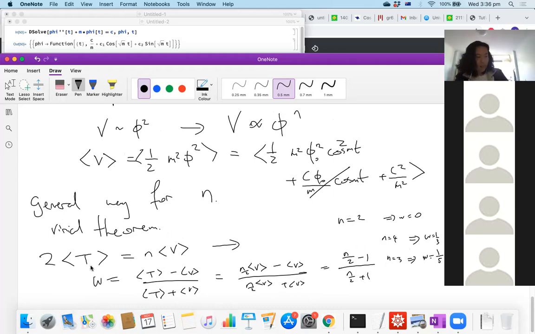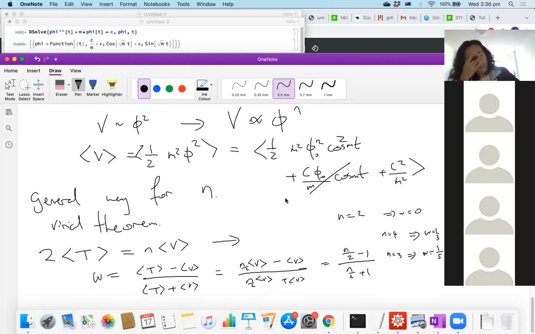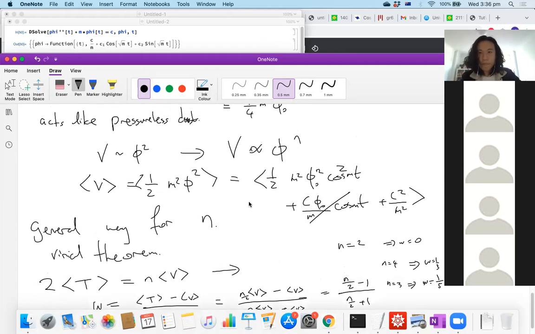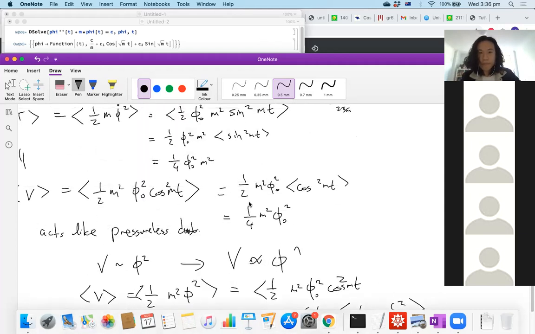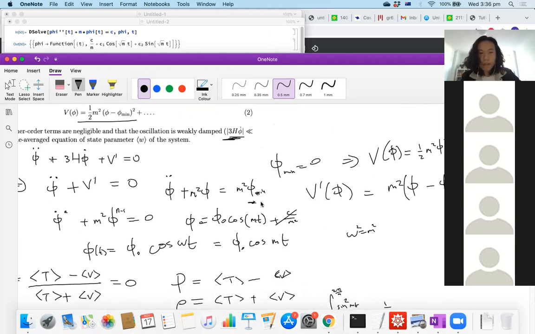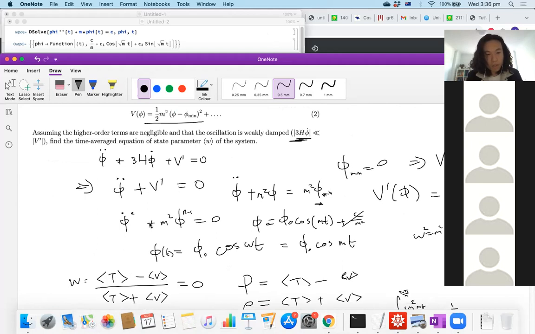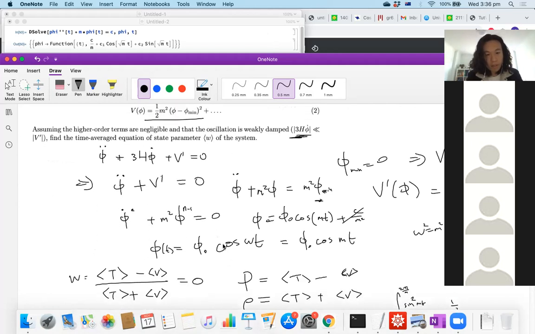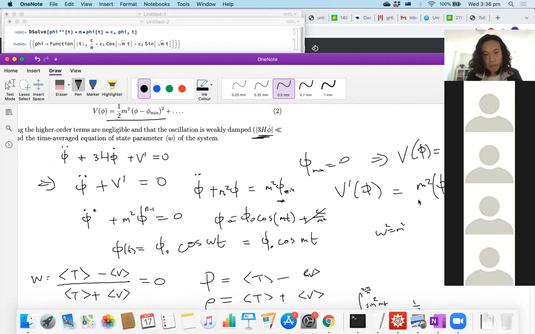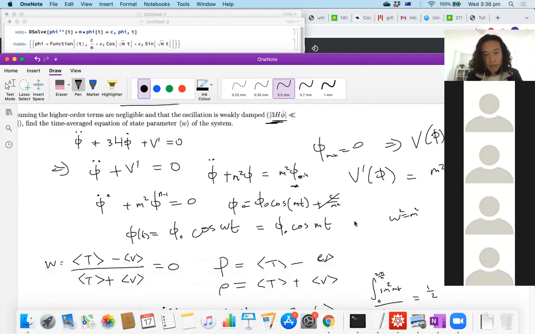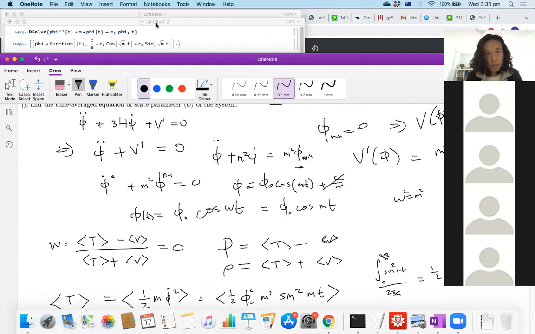So from this perspective, it should say that the phi min doesn't matter, but then why does it matter here? Okay, let's start from the beginning. So we have this equation like this, and V is that, and we end up with this solution.